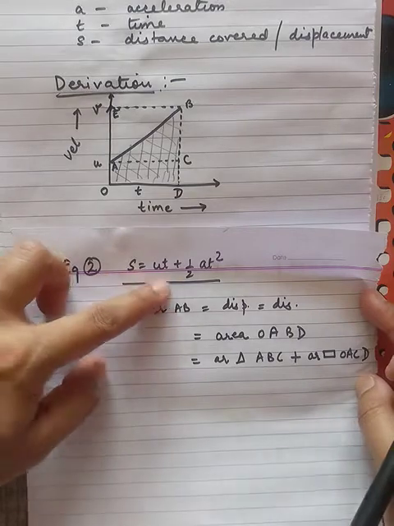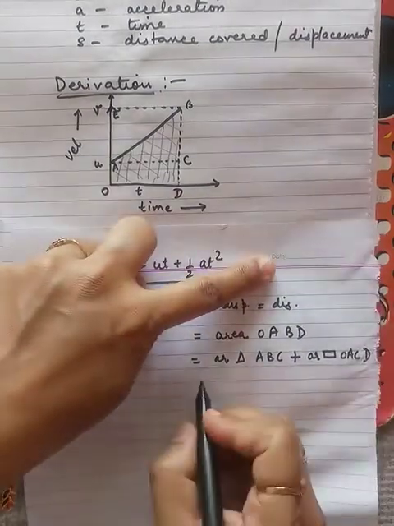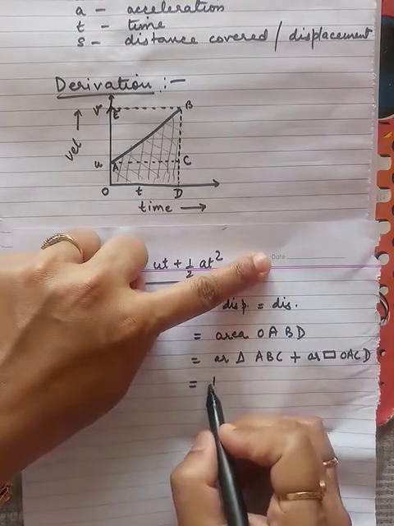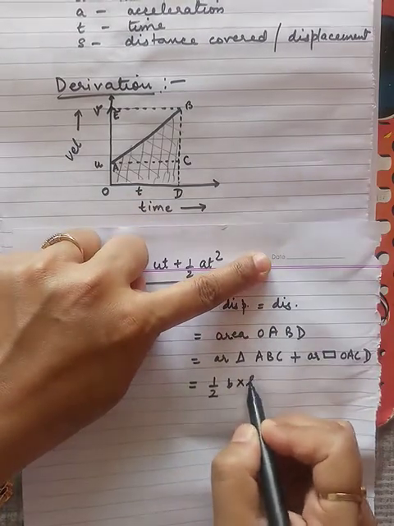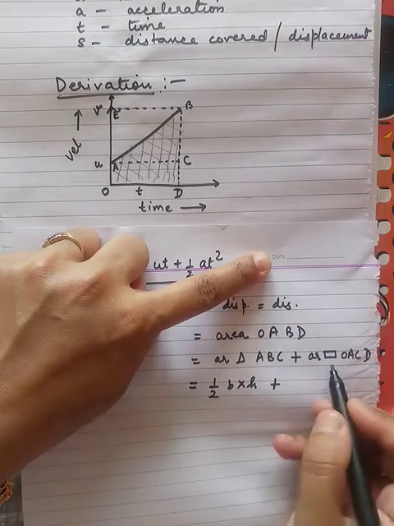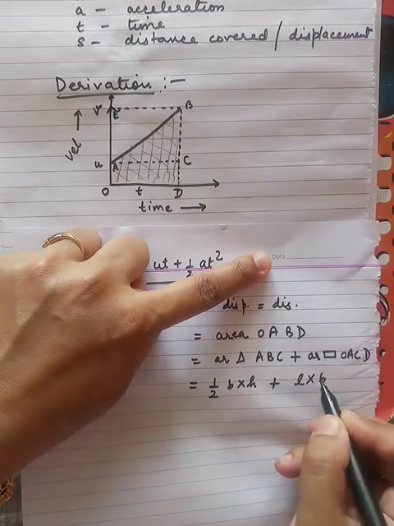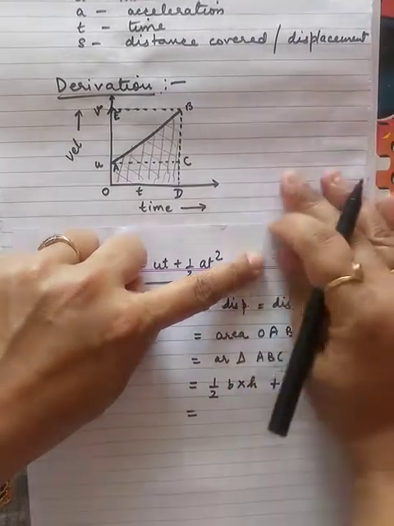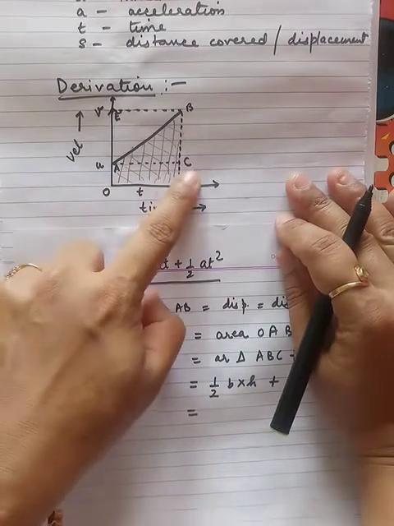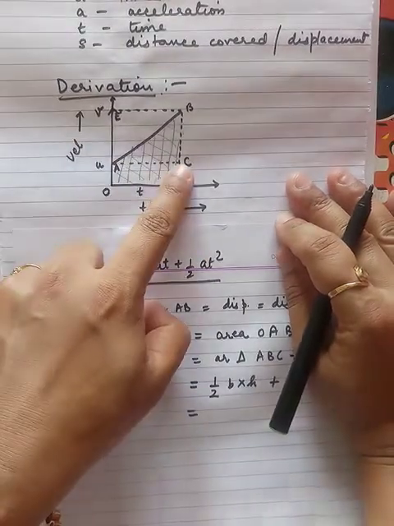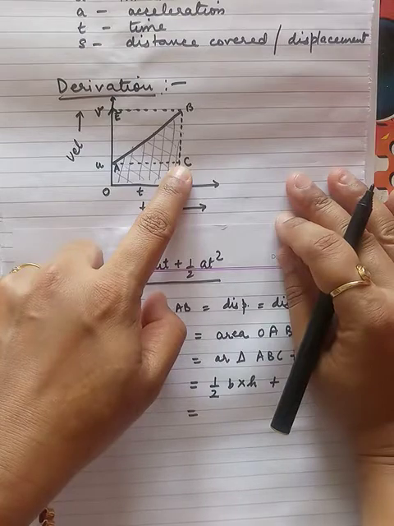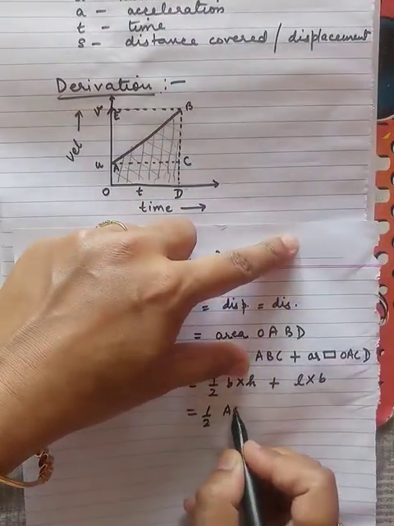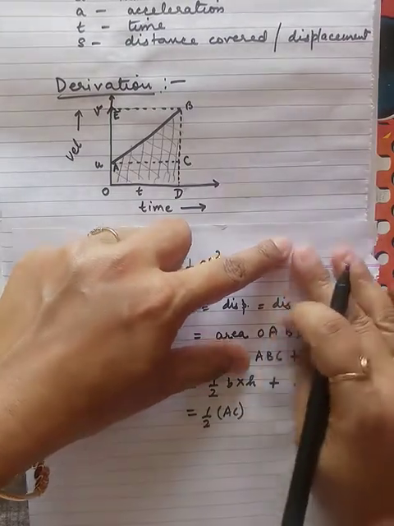Now how to write down the area of triangle? We all know the area of triangle: half of base multiplied by height, plus area of rectangle, we all know, length multiplied by breadth. What is the base of this triangle? ABC was the triangle, so AC will be the base, as I can see. So half of AC multiplied by height.